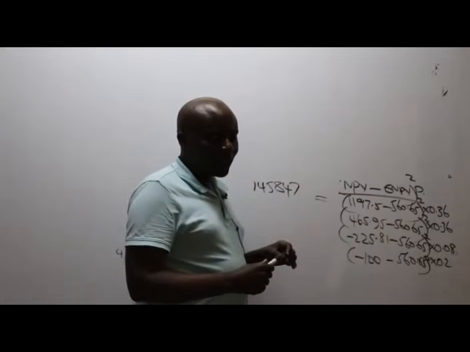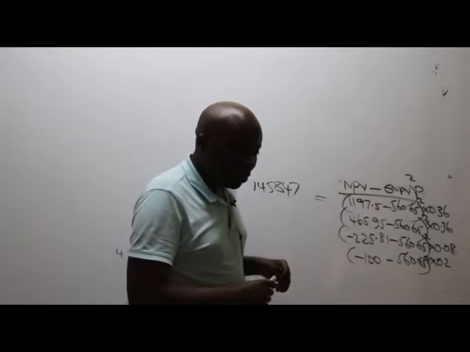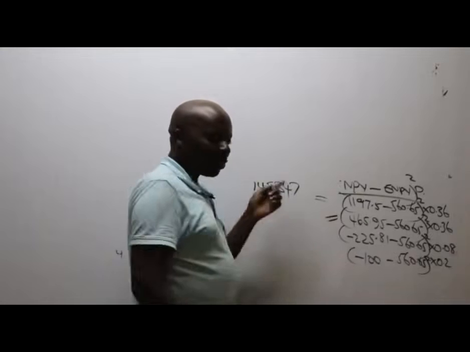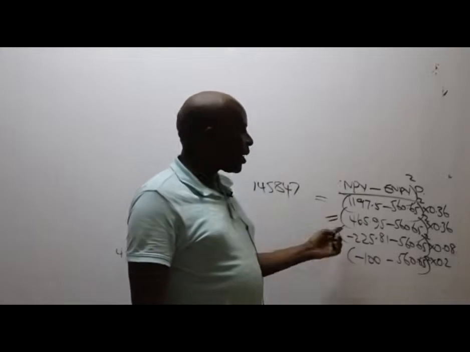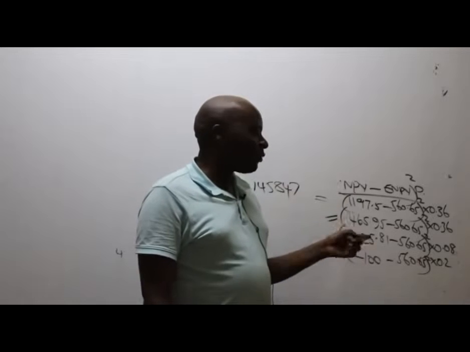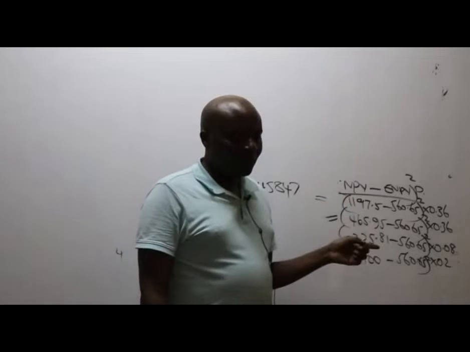Is that correct? Can somebody confirm? Yes. How about the second one? Please remember to square. You say open bracket 465.95 minus 560.65 squared times 0.36.